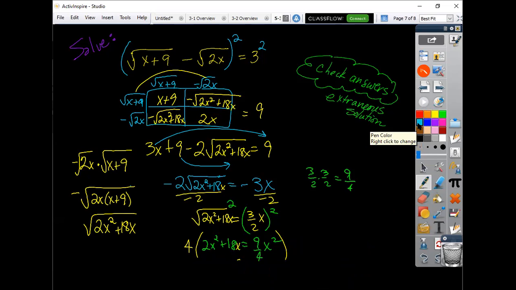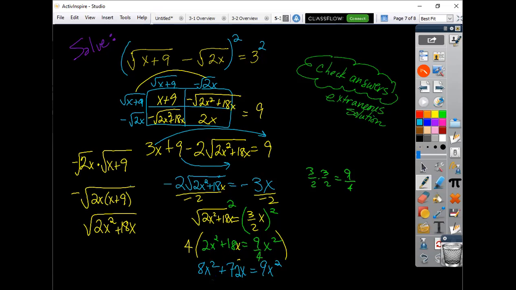Just to demonstrate that sometimes, let's see, I think it's still okay to divide that negative 2 over. The right side will still be okay there. 9/4 x squared. And multiplying by this 4 is still even okay, giving me 8x squared, 72x, equal to the 9x squared.